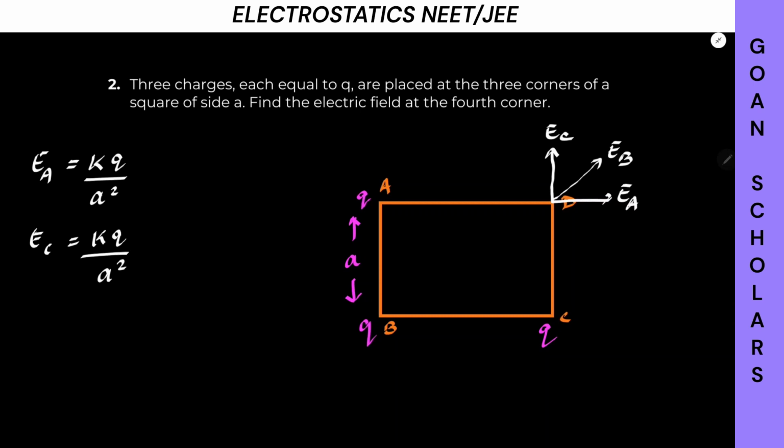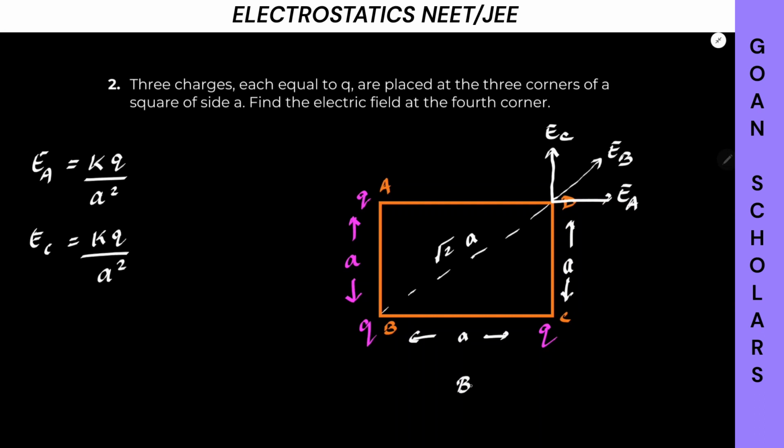Where A is the separation between C and D, correct? But be very careful here. B and D, what's the separation between B and D? Root 2 A. How do you know that? If this is A and this is A, then using Pythagoras theorem, we can figure out the hypotenuse here. And what will be the hypotenuse? Root 2 A.